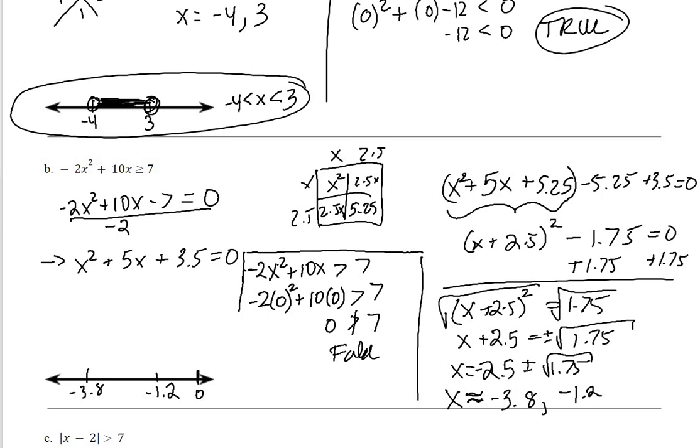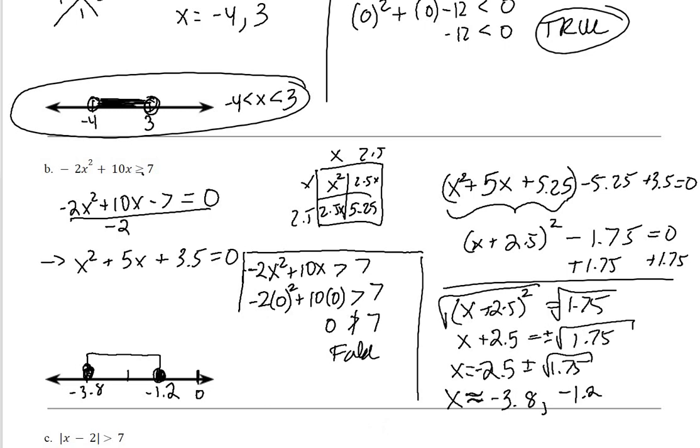Therefore, my solution is going to be between my boundary points. Should it be open or closed circles? Closed, because equality is allowed. 0 is not part of my solutions, so my solutions are everything between those points.